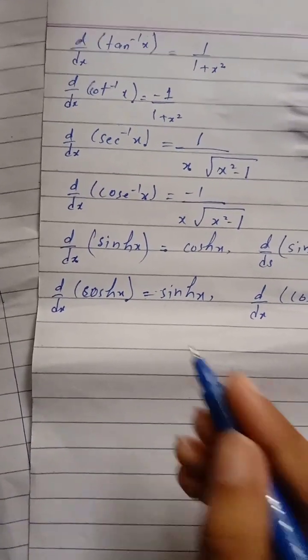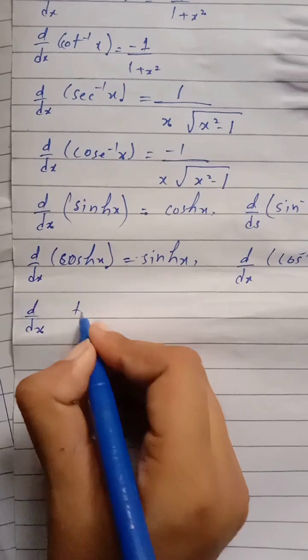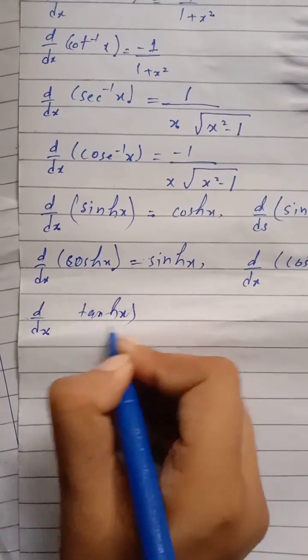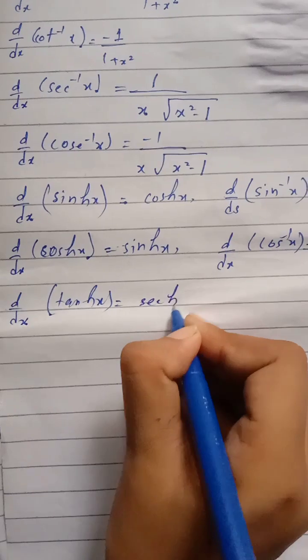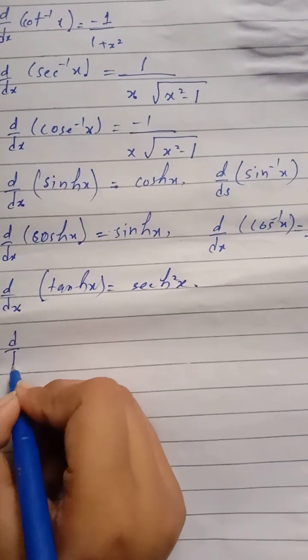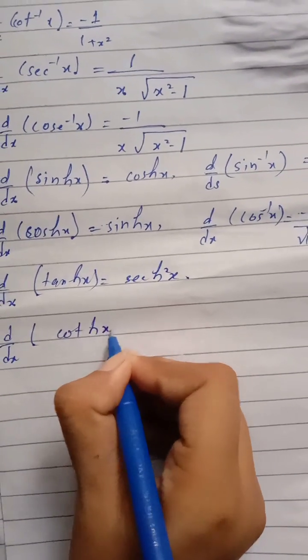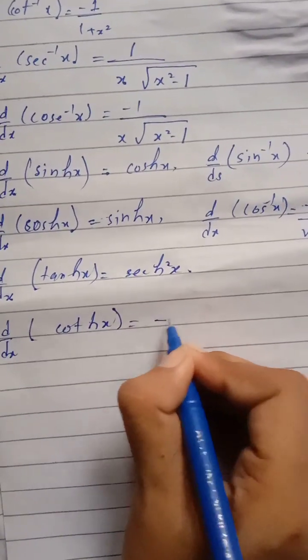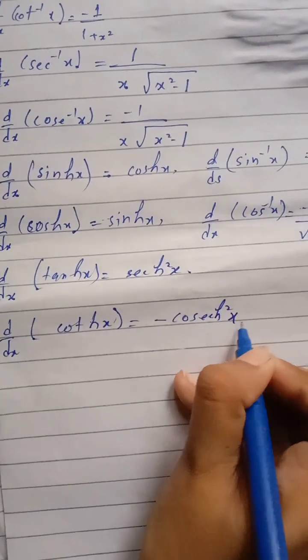Now the other one is the derivative of tan hyperbolic x, which is secant hyperbolic square x. The derivative of cot hyperbolic x is minus cosecant hyperbolic square x.